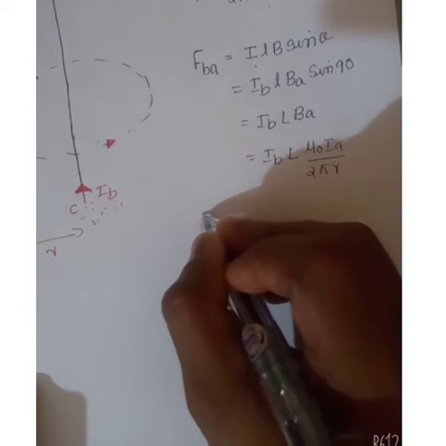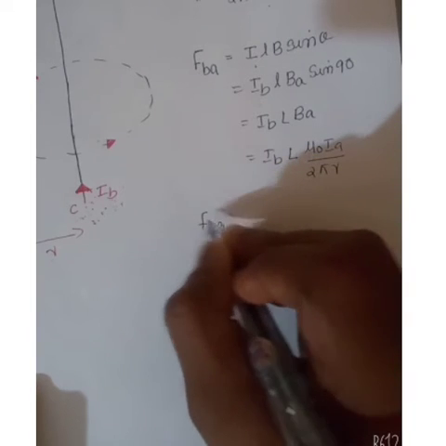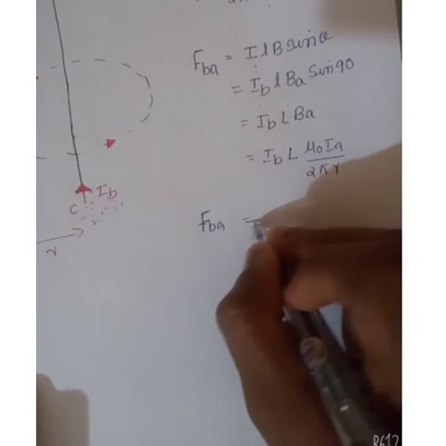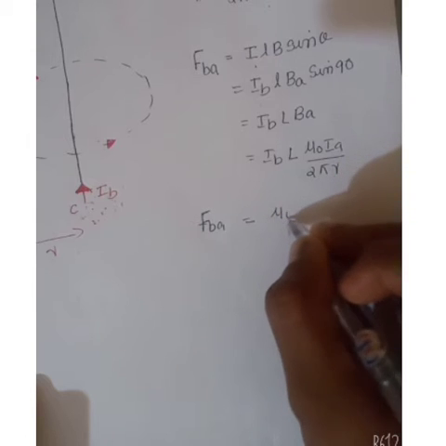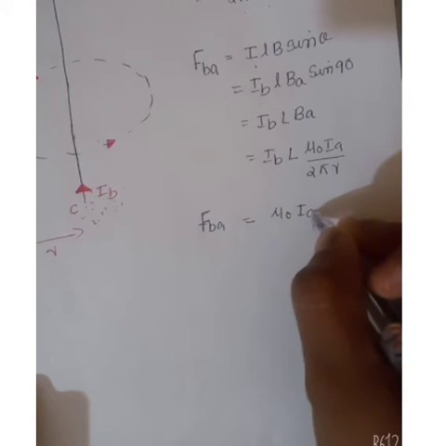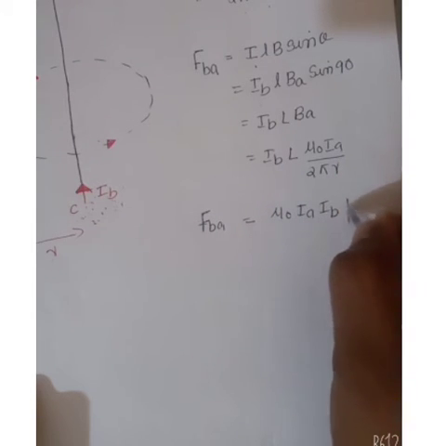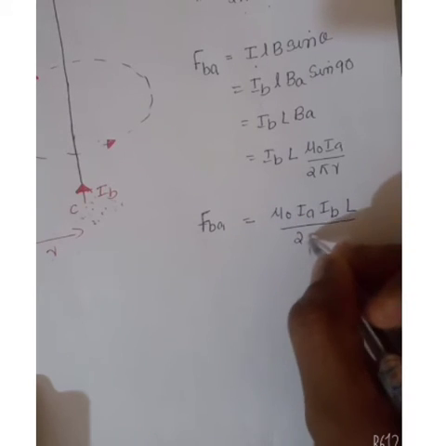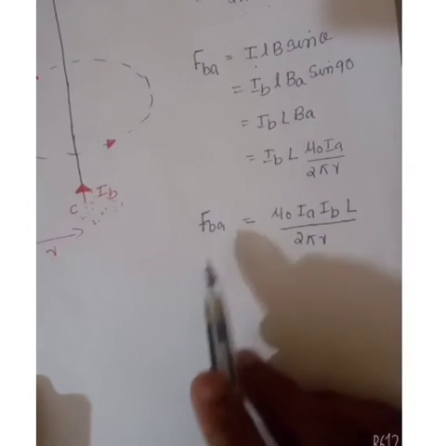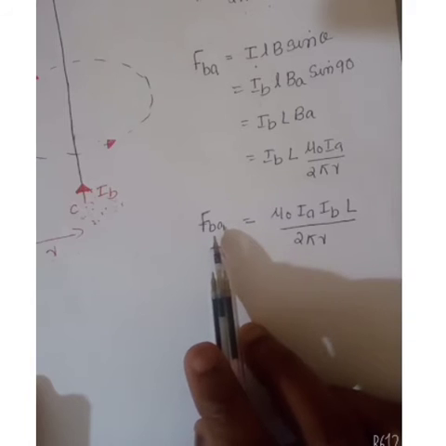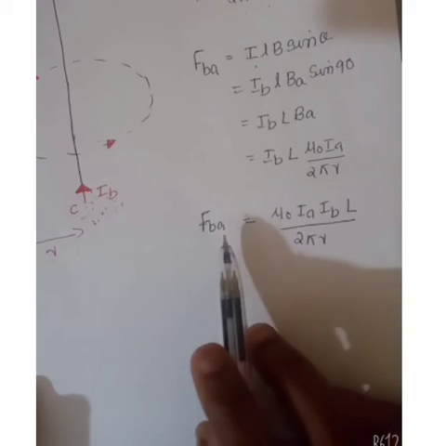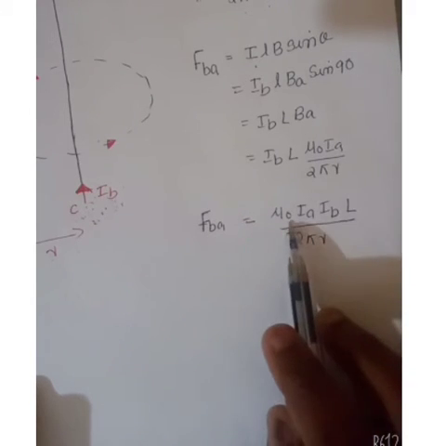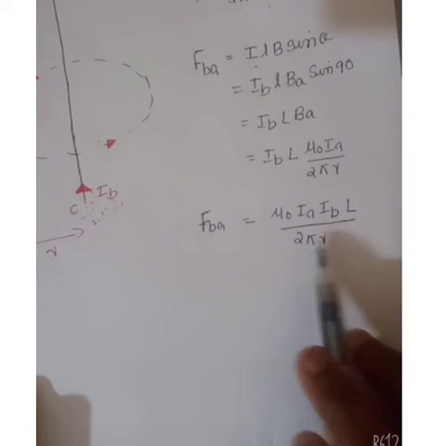FBA is equal to mu 0 IA IB L divided by 2 pi r. So the force developed in the conductor CD towards AB is mu 0 IA IB L divided by 2 pi r.